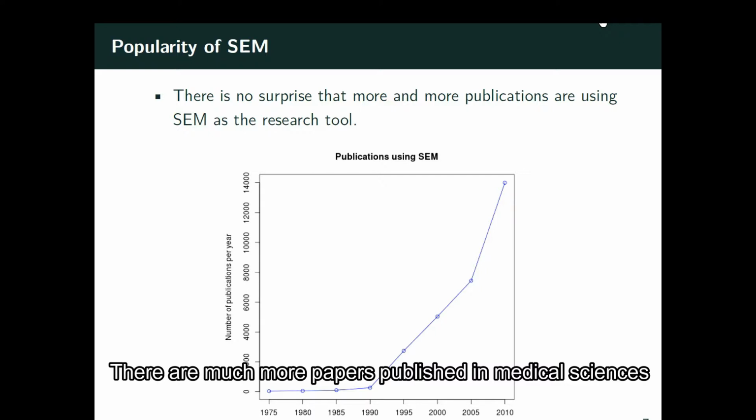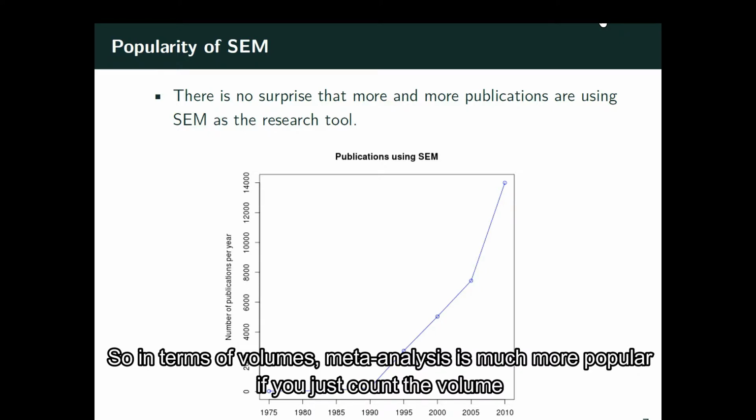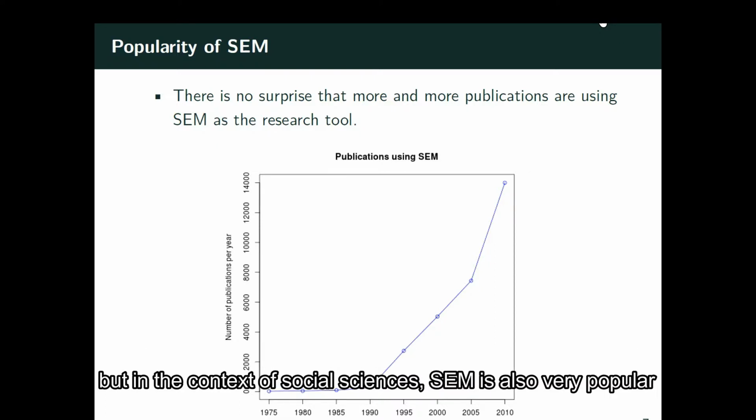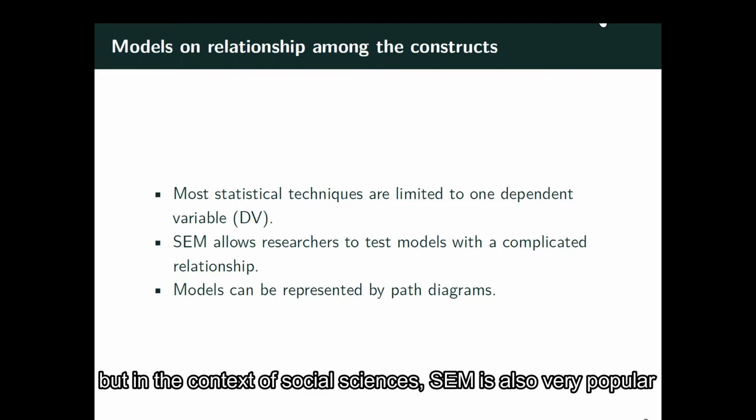There are many more papers published in the medical sciences, so in terms of volume, meta-analysis is much more popular. But in the context of social sciences, SEM is also very popular.